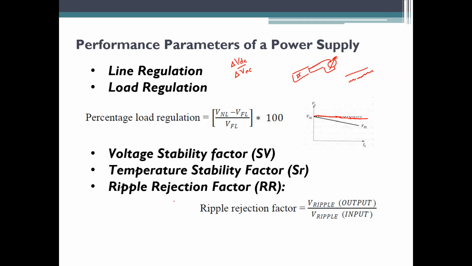The output coming from the rectifier and the filter will contain ripples, and these ripples will be removed by the filters. It is defined as a factor which shows how effectively the regulator will be rejecting the ripples. In fact, let's say this was your input to the filter. Out of this filter it was something like this.